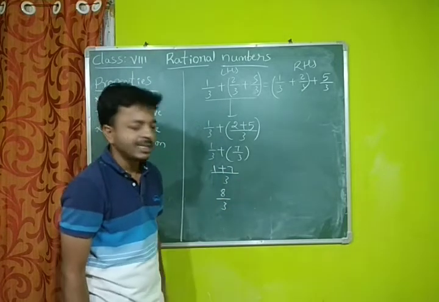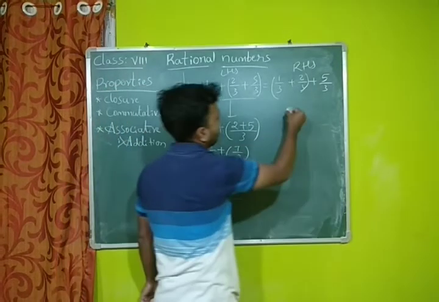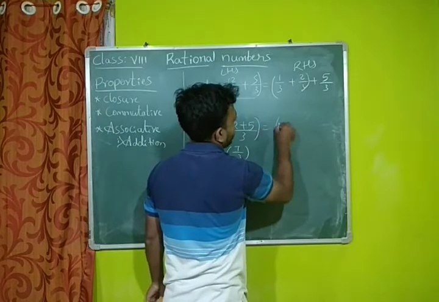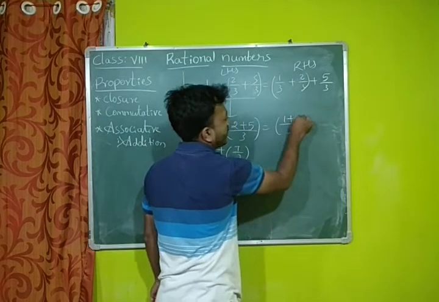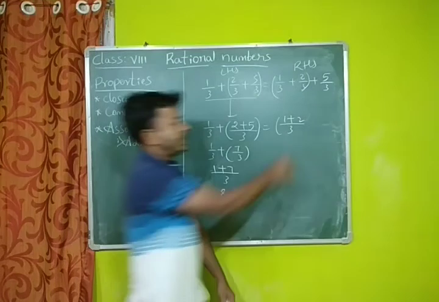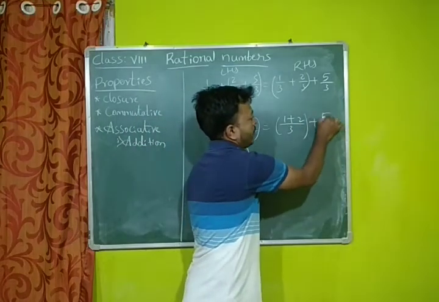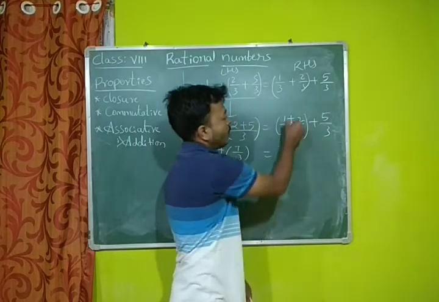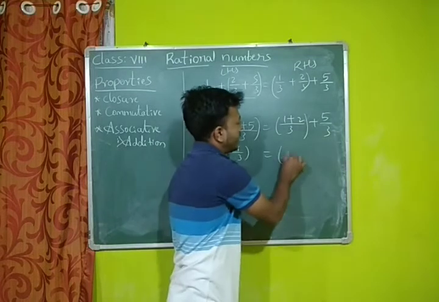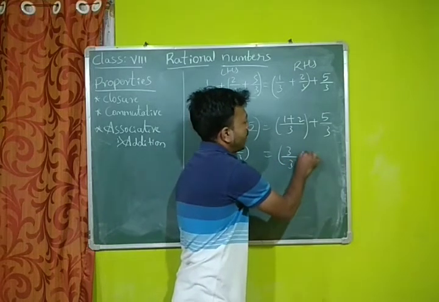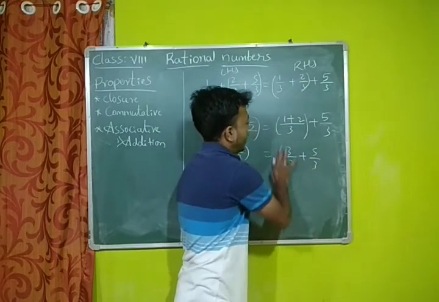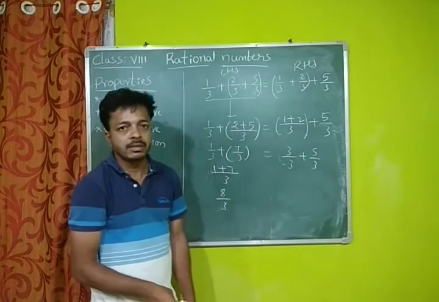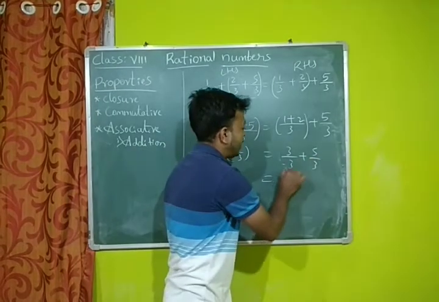LHS we got as 8/3. Next come to the other side, these two are like fractions, 1 plus 2 divided by 3, plus 5/3. So 1 plus 2 is 3/3 plus 5/3. You can cancel or keep as it is, you will get the right answer only.